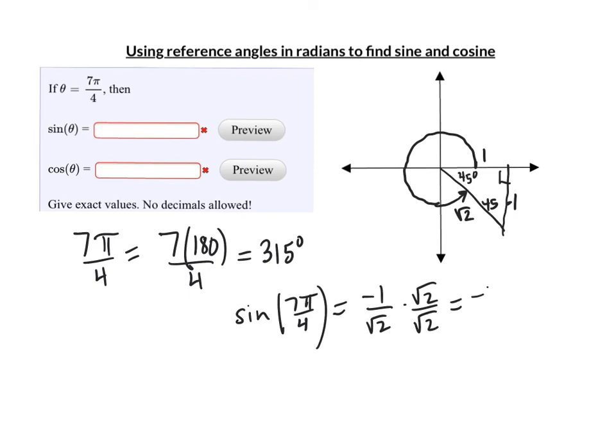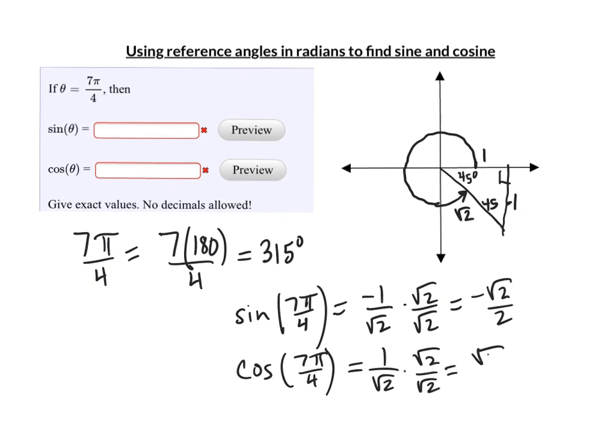This ends up being negative root 2 over 2. The cosine of 7 pi over 4. Cosine is adjacent over hypotenuse, and our reference angle is 45. The adjacent is 1. That's 1 over root 2, which again will rationalize. And that ends up being root 2 over 2.